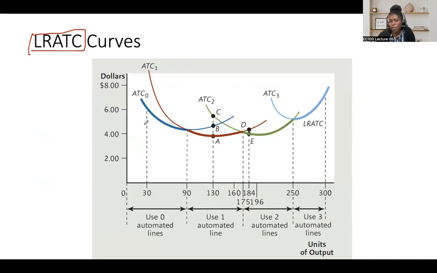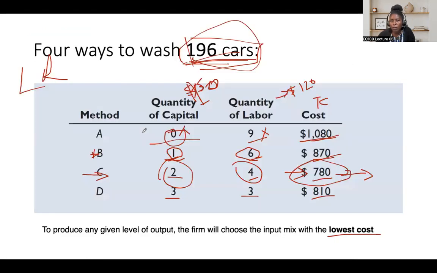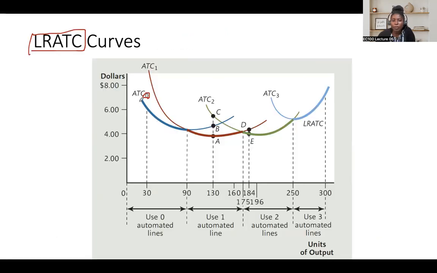So the short run curve is like, we are drawing, this is the short run curve when the firm had 0 automated line, no line, just laborers here, like for instance here, okay? So this is an option where a firm has no line. So for you to go for this in the long run, you will choose the lowest one, right? So the lowest point in this one would be here, okay?